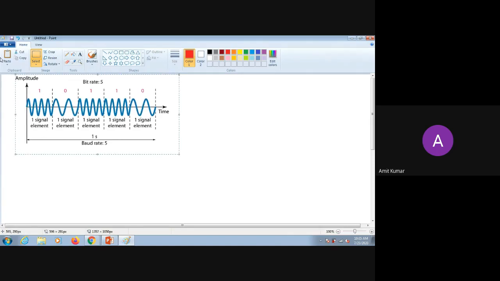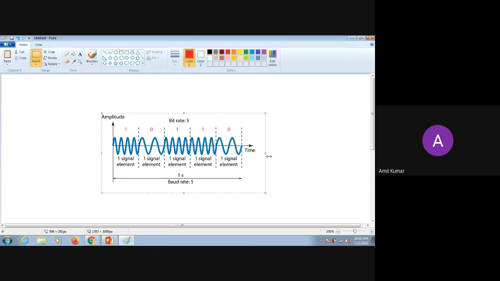Where is noise going to be added? Sir, in the transmission medium, in air. Yes, but in which part of your output signal, amplitude, frequency, or phase? In amplitude. So here your noise is going to affect your signal.